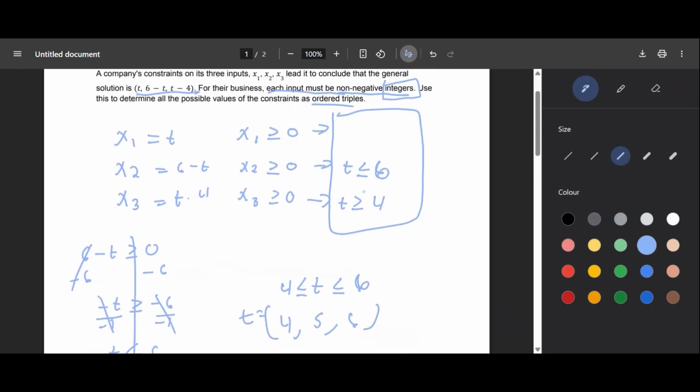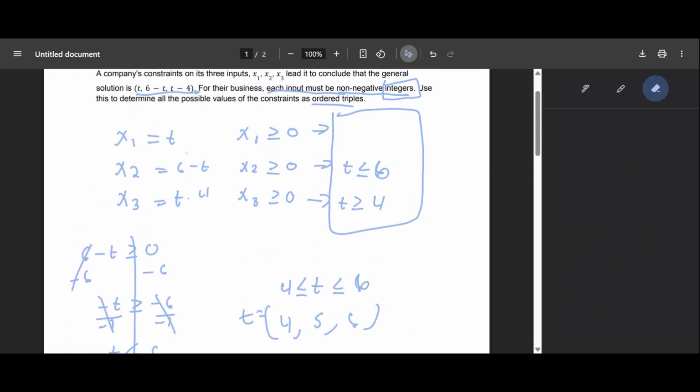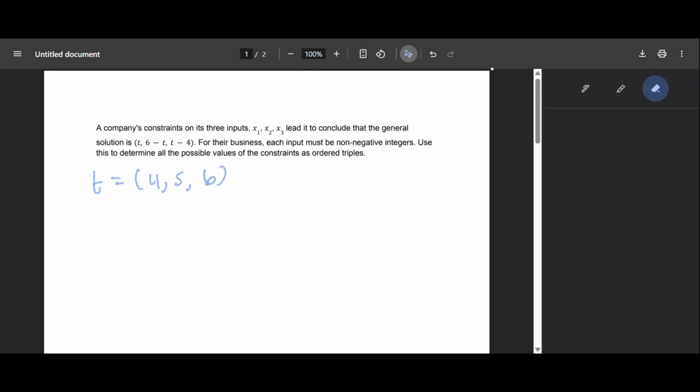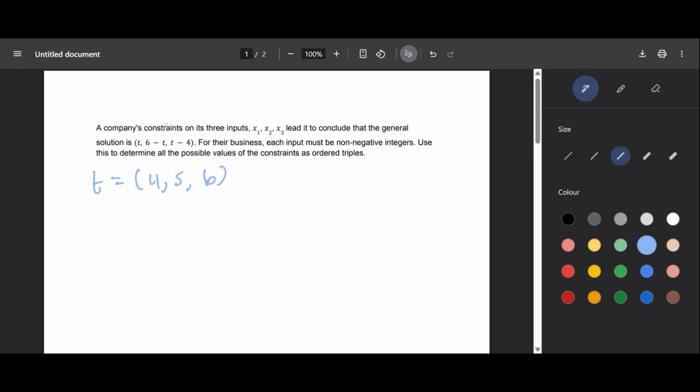All right, so let me erase most of this now that we have our information narrowed down. Okay, we finally got all that erased. So we said we were going to test these inside of here. So let's try, we'll start with 4. So we're saying t is 4. So we'll do 4, that's our first bit here. Then we'll have 6 minus t.